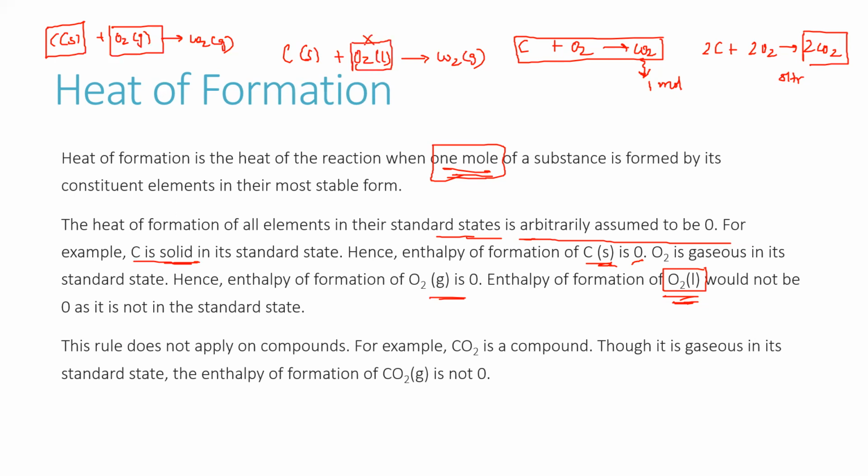Also, this rule does not apply to compounds. There is a difference between elements and compounds. Elements are made of a single type of atom. For example, O2 is made up of oxygen, so it's an element.